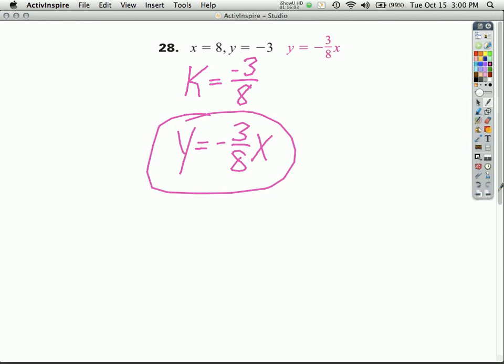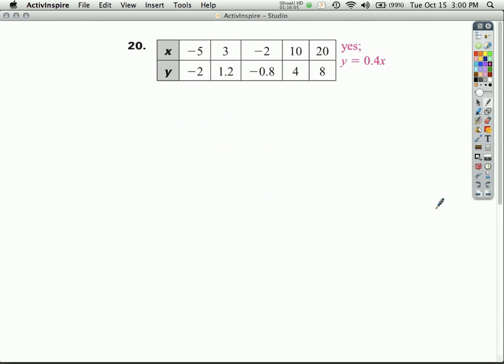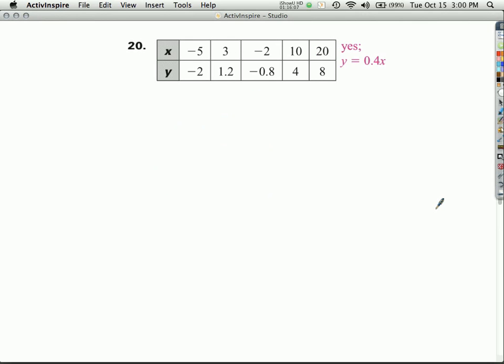Okay, John, your question? Number 20. Give me a thumbs up if you got number 20 correct. Good. Put your thumbs down. Stephanie, what's the first thing you did when you tried to solve this? Okay. And what does that get you? What are you finding when you do that?